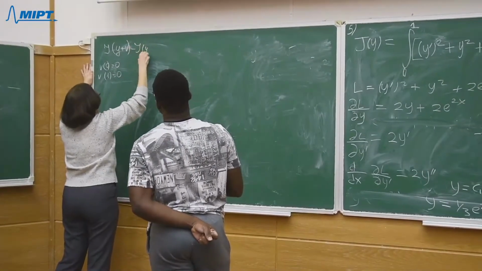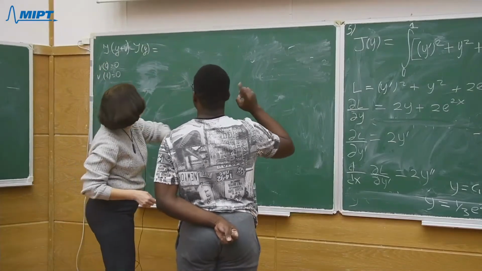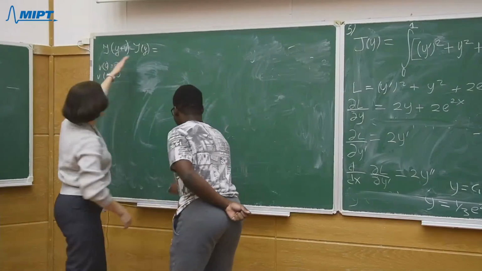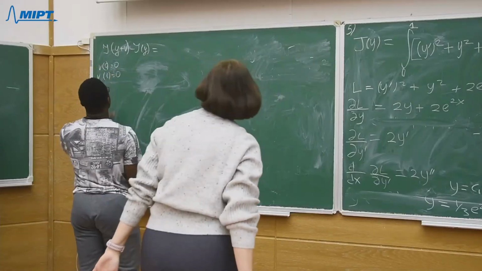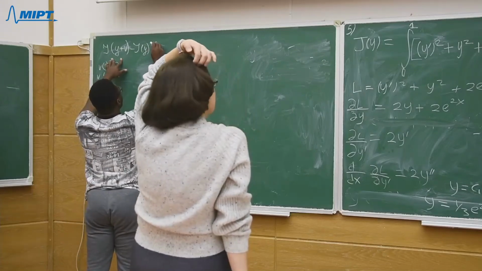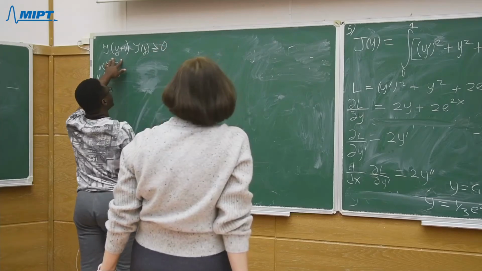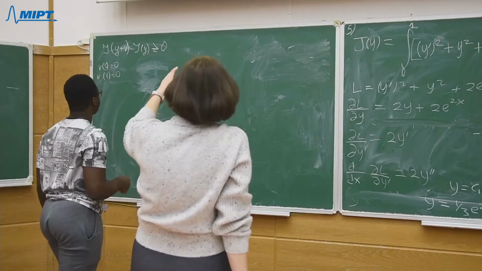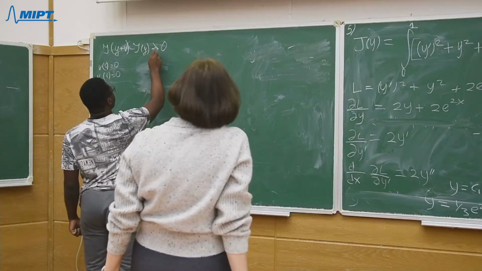Where y is given, y is 1/3. Then just find the difference and try to solve. It must be greater than or equal to 0, and then you will prove it.